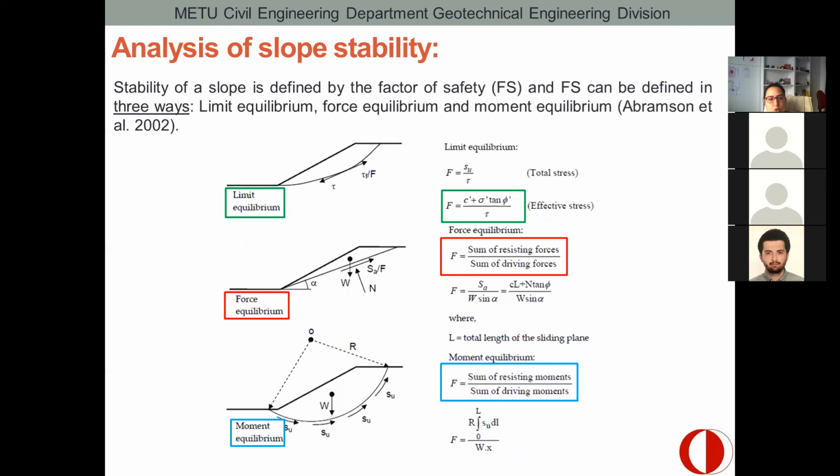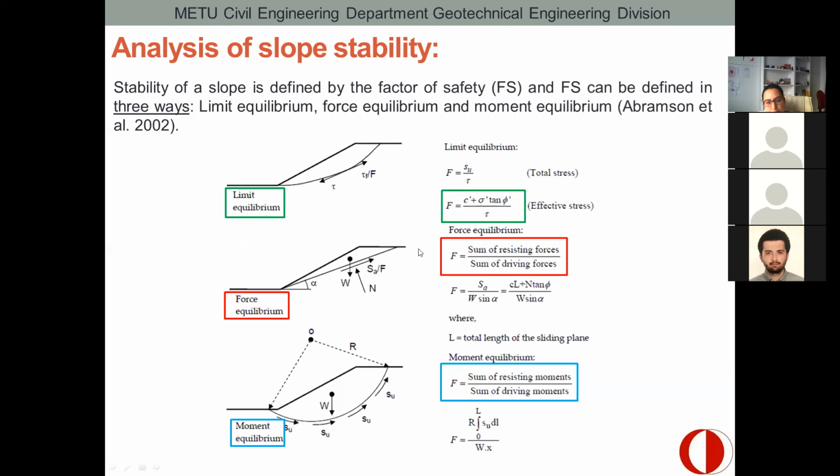The first and the easiest one to understand is the force equilibrium method. Here, as you can see in the sketch, in force equilibrium methods, the first thing we are going to do is find the driving forces. What drives the slope to fail? Typically, the driving force is the weight of the failed surface. And then the second thing that we need to define is the resisting forces.